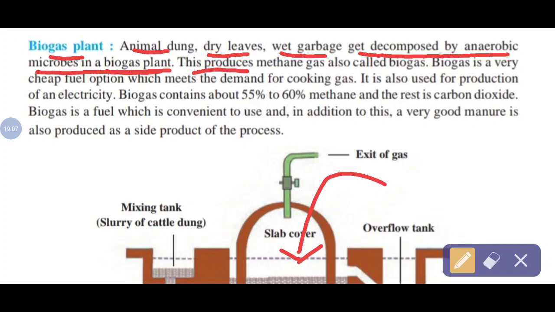This produces methane gas, also called biogas. Which gas is produced in this biogas plant? Methane gas. Remember, biogas is a very cheap fuel option which meets the demand for cooking gas.